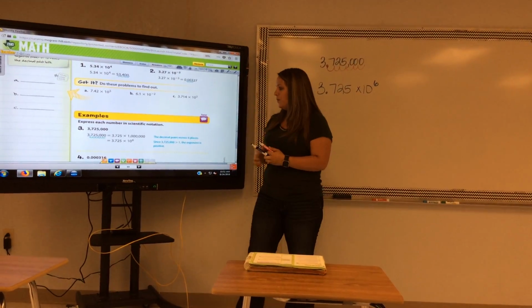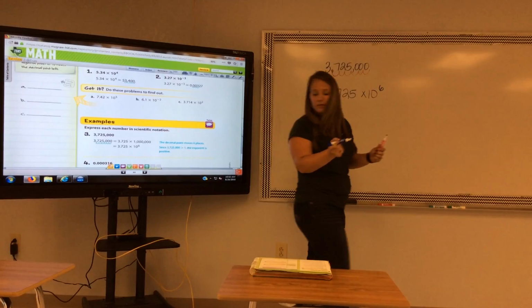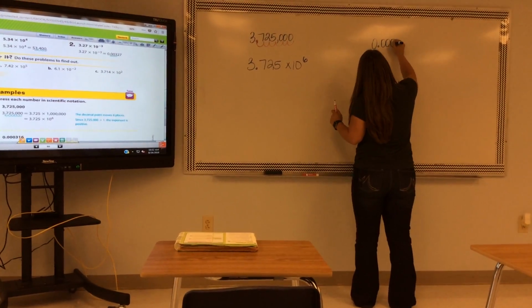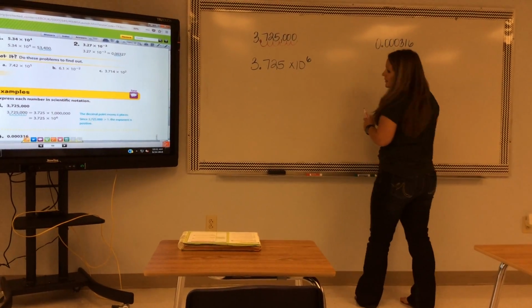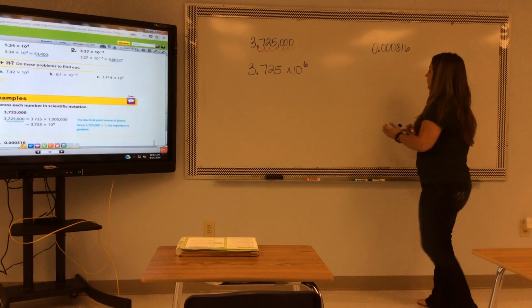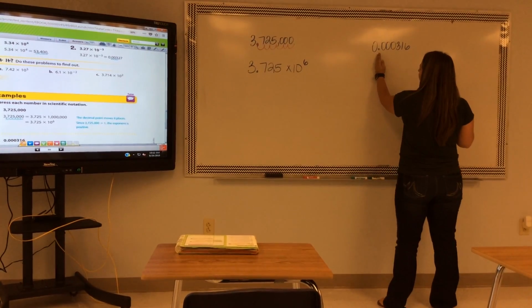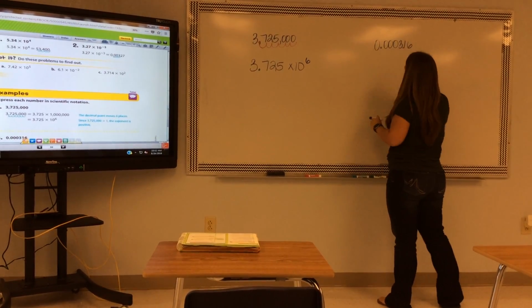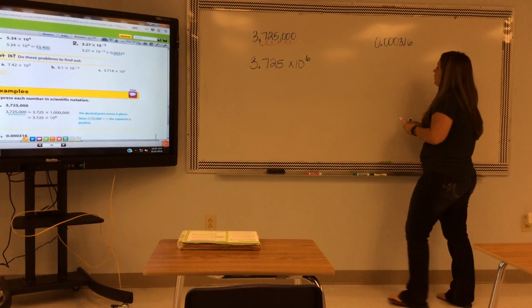On the next example, we have a decimal here. It's 0.000316. Using those same rules, I'm going to come all the way until I find a number that's not 0. The first number that I find that is not a 0 is a 3. So that's where my decimal will belong.